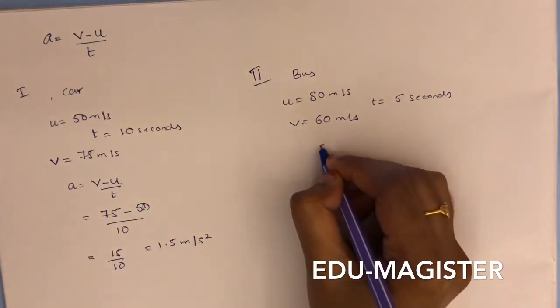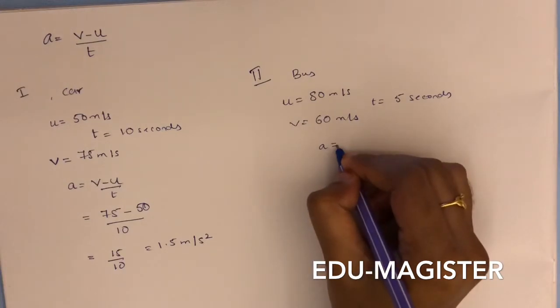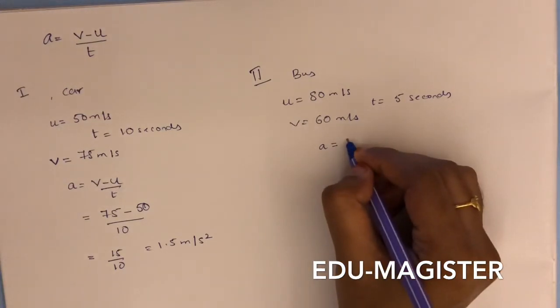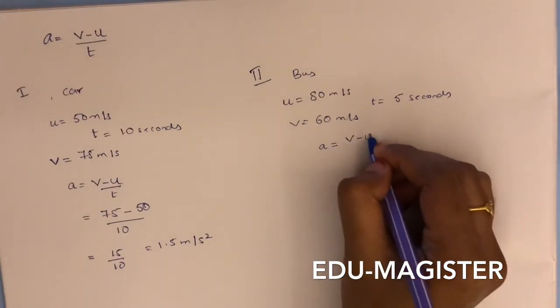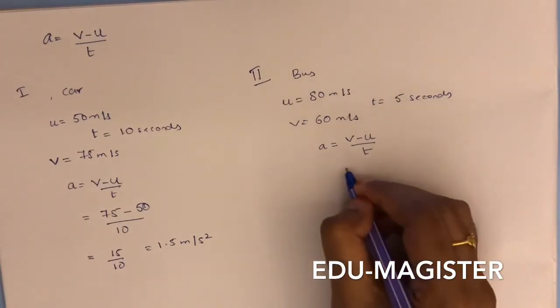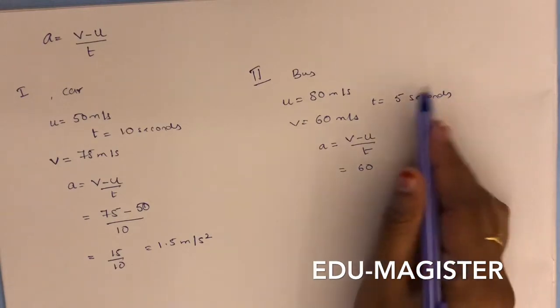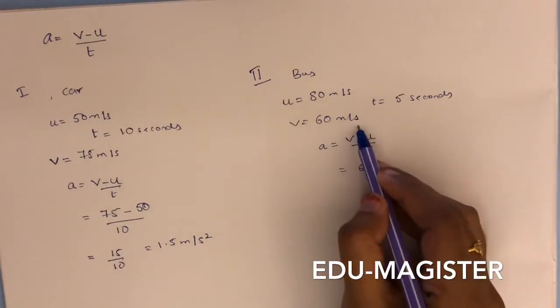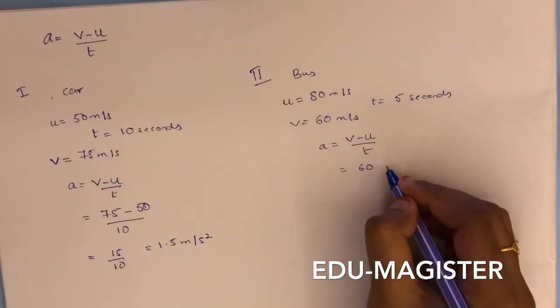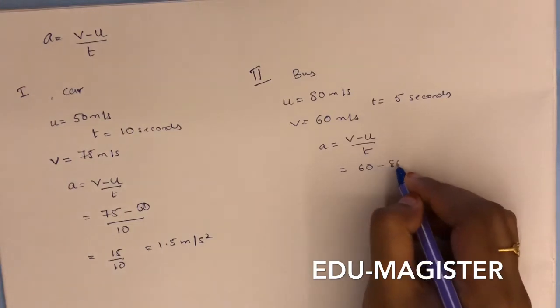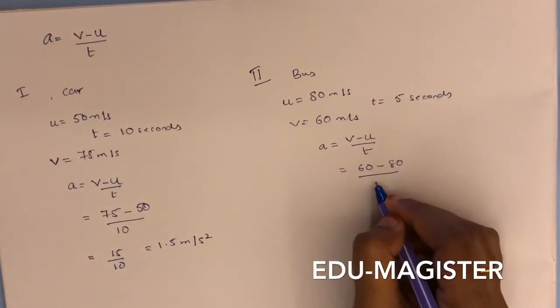In this case, when we find acceleration, it is also final velocity minus initial velocity by time. Here the final velocity is 60, because after this time interval the velocity was 60. So 60 minus 80 by 5.